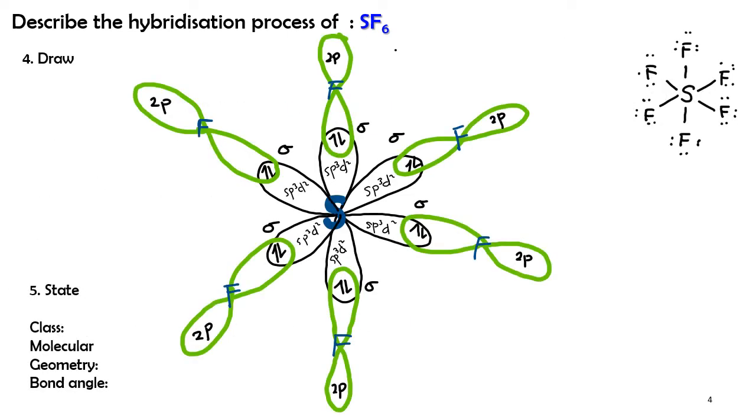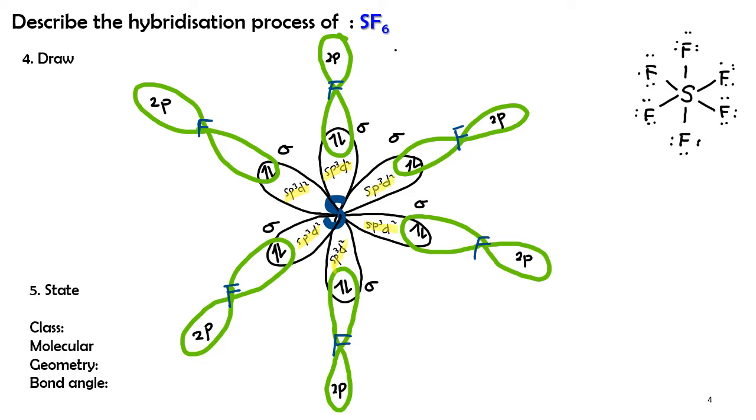Next step is draw, and this is the drawing and the overlapping for SF6, and make sure you need to label the hybrid orbital correctly. As you can see here, the one for sulfur I highlight in yellow, it should be sp3d2.